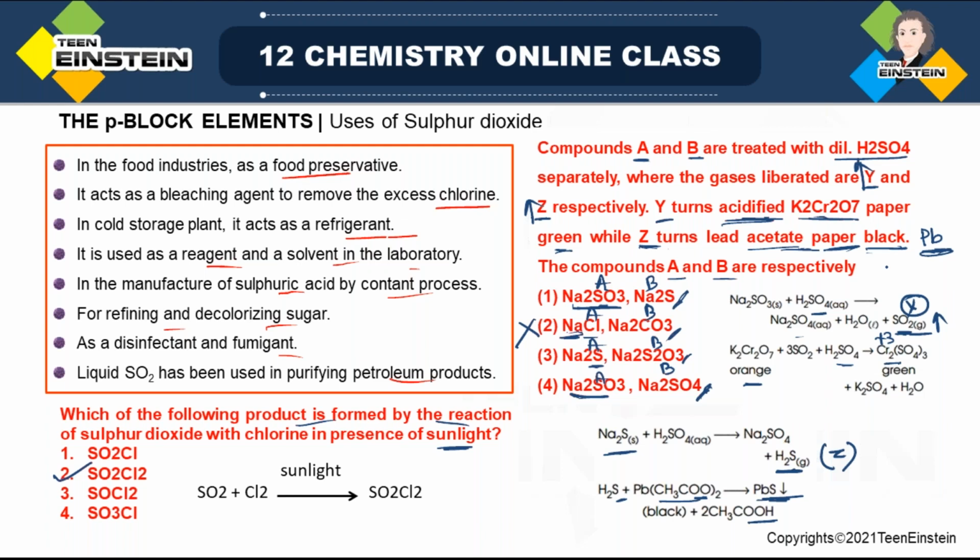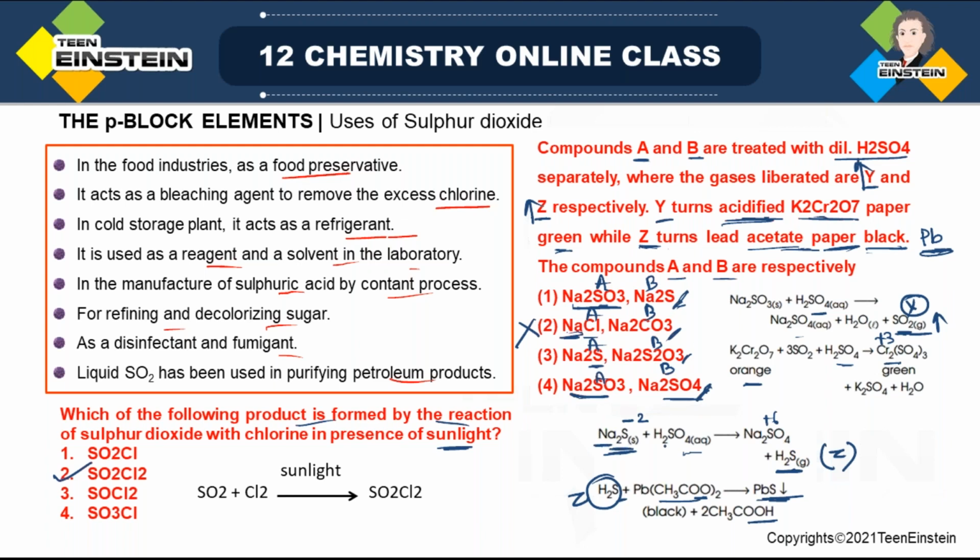Okay, that means in the second case Z is H2S and it can be generated only from Na2S, because when it is Na2S, sulfur is -2 and this is +6. Now if it is already Na2SO4, this reaction is not possible with H2SO4. But if it is Na2S, then only this reaction is possible. What is happening here?